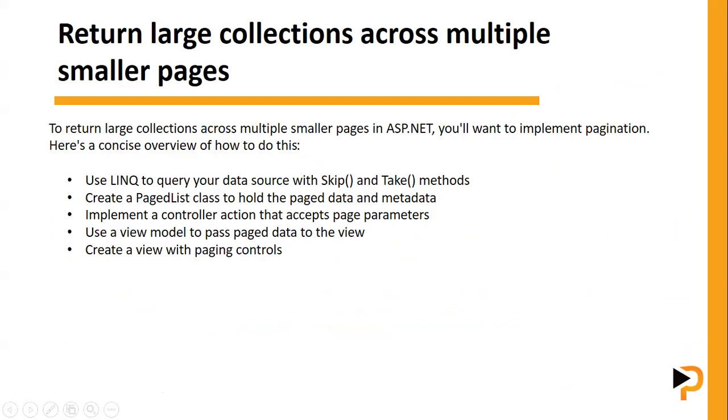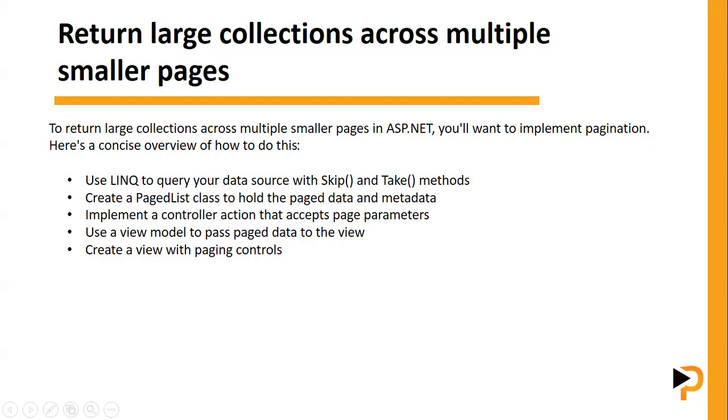As we have seen on the documentation page, we use Take 10, which means it fetches 10 rows and they get displayed on the UI. Create a paged list class to hold the page data and metadata. Implement a controller action that accepts a page parameter. Use a view model to pass the page data to the view, and create a view with the paging controls.